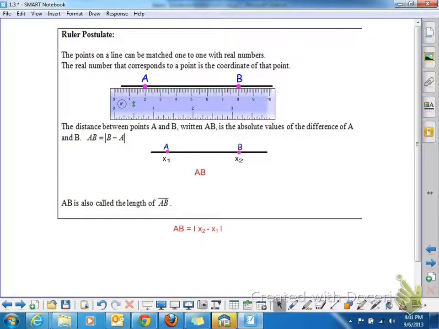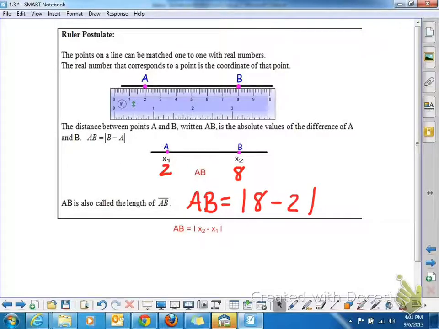The distance between points A and B, written AB, is the absolute value of the difference of A and B. So the distance between A and B is equal to the absolute value of B minus A. If point A corresponded to 2 and point B corresponded to 8, then the distance between A and B is the absolute value of the second x minus the first x, 8 minus 2.